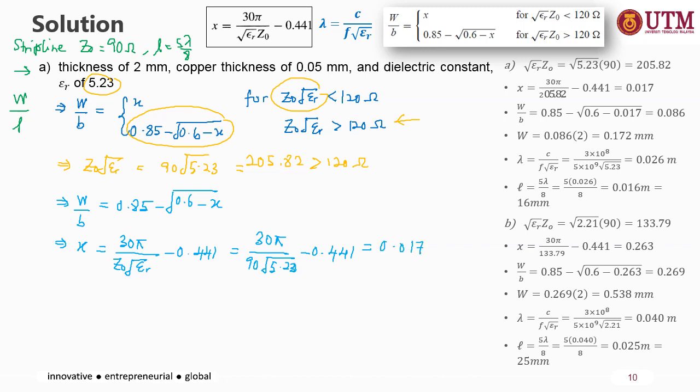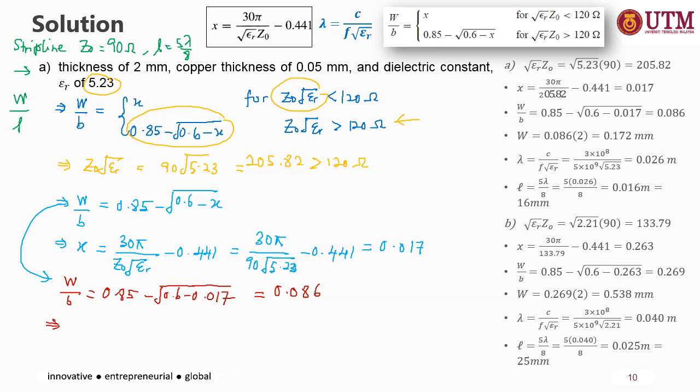So the ratio of W over B equals 0.85 minus the square root of 0.6 minus 0.017. So the ratio is 0.086.